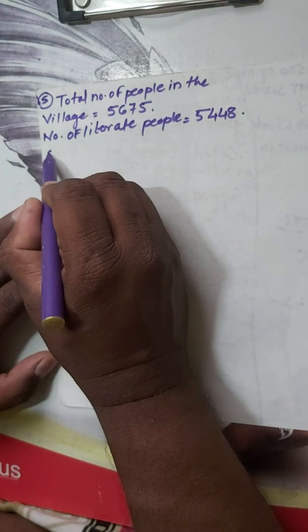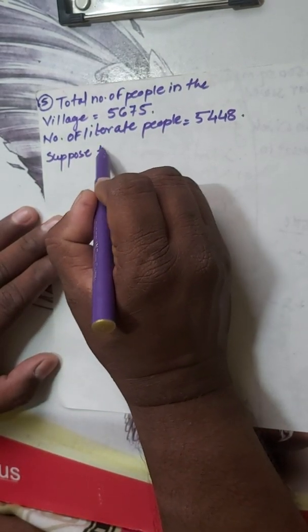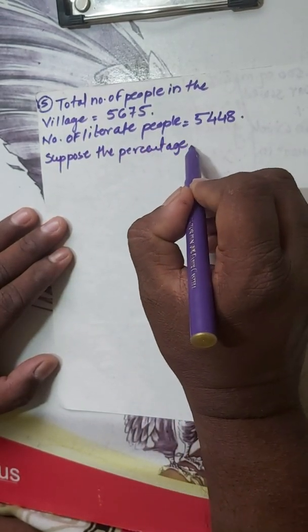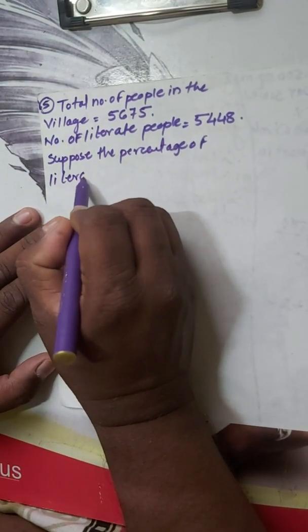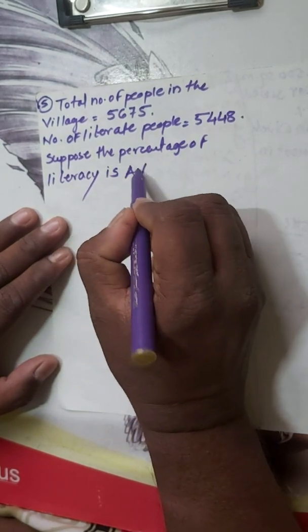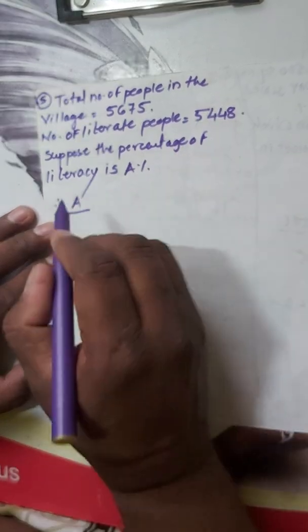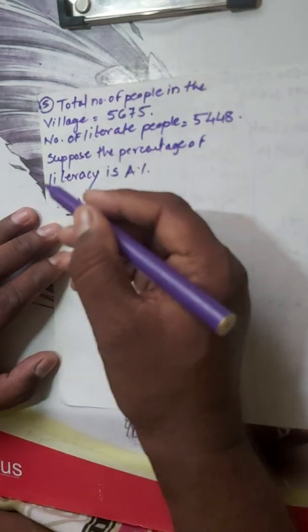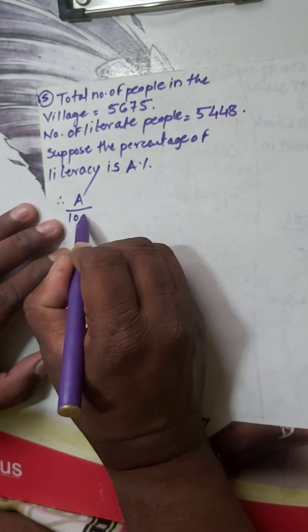So we have to write, suppose the percentage of literacy is a%. Therefore we have to build the equation. Here we have to find the percent. In the previous examples percentage is given, so here we have to find, like first example and second. So a, we have to find the percent.